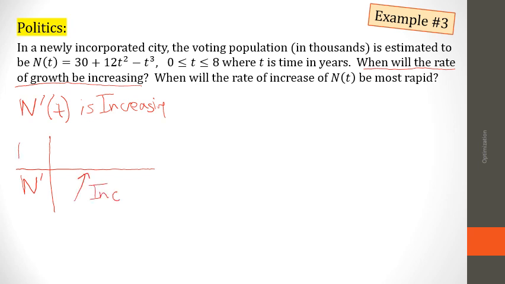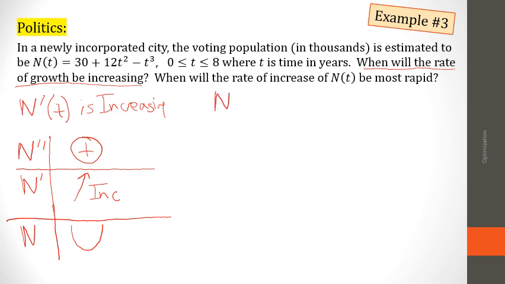Well, that's when its derivative, which is n double prime, is positive, right? Whenever the derivative is positive, the function is increasing. But whenever the second derivative is positive, the original function is concave up. So we're looking for kind of a triple relationship here. So we need to find a derivative.